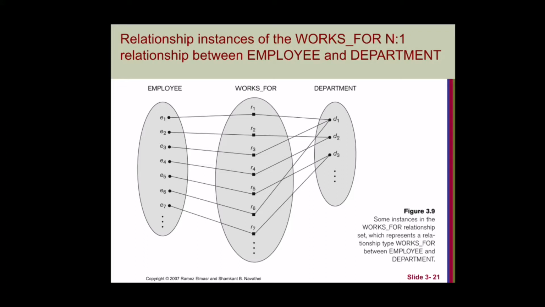Each employee works for any of the departments, but the constraint is that if employee E1 is working for department D1, he cannot work for department D2, right? This is a constraint we have. So the relationship is n is to 1 because n number of people can work for one department, but it is not vice versa. That is, one person cannot work for more than one department. So this relationship is n is to 1.